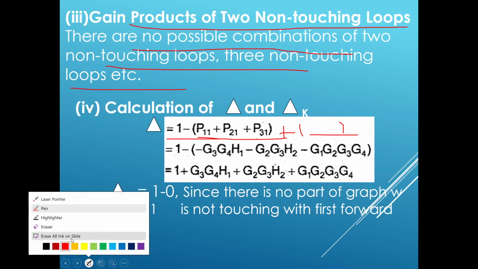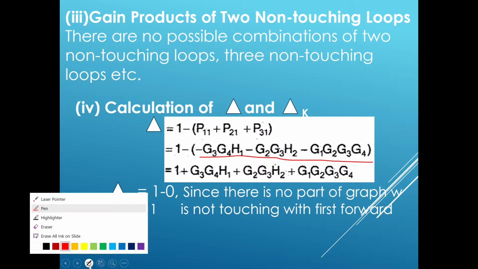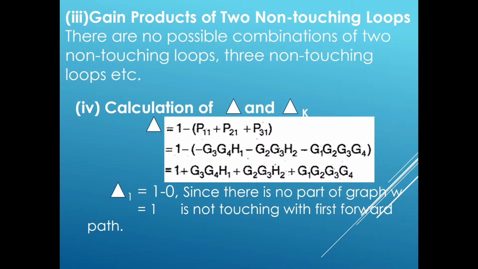So, 1 minus P11, the loop gain of loop 1, P21 of loop 2, and P31 the loop gain of loop 3. P11 is minus G3 G4 H1, minus G2 G3 H2, minus G1 G2 G3 G4. Simplified, you get 1 plus G3 G4 H1 plus G2 G3 H2 plus G1 G2 G3 G4.